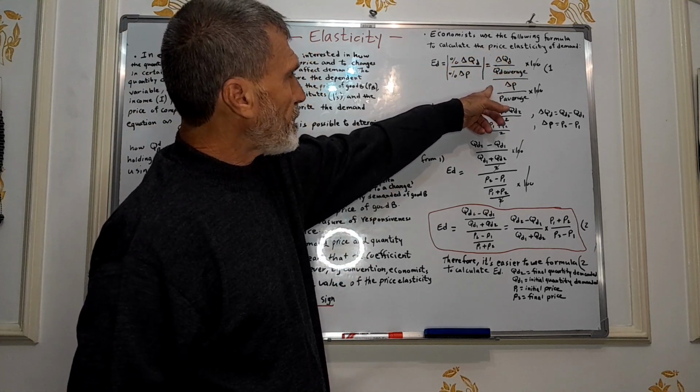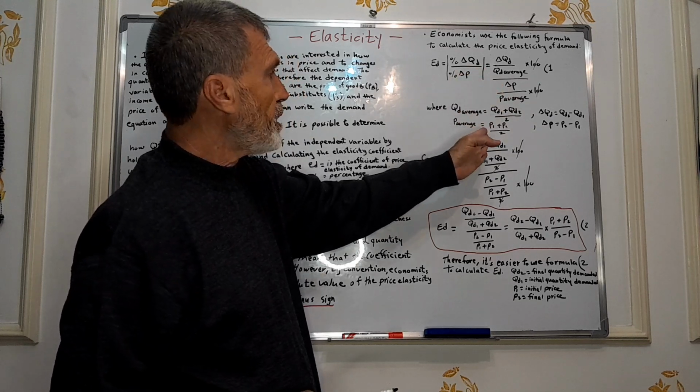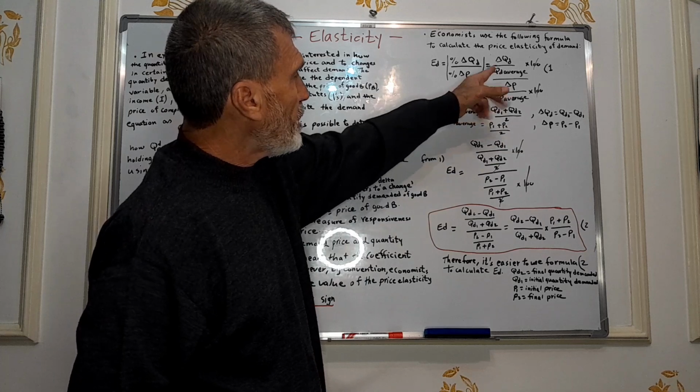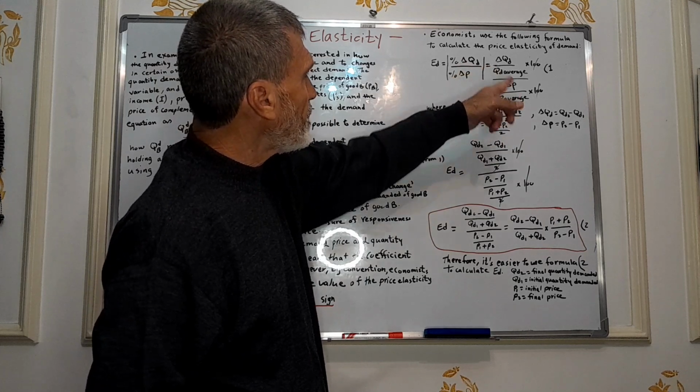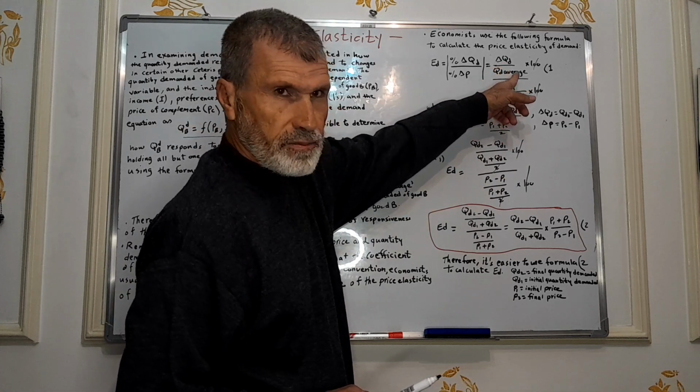Using this formula, as I said, when we play with it and try to simplify it, we come up with the following. The percentage change in quantity demanded is the change in quantity demanded over the average quantity demanded, times 100.